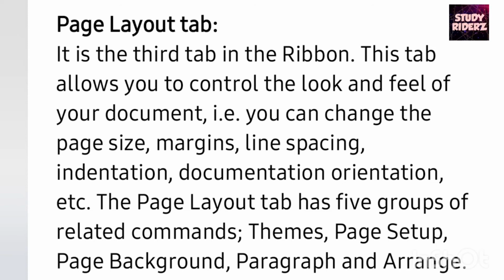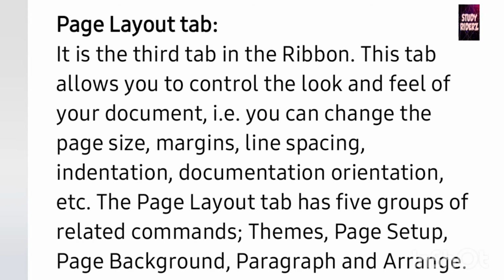This tab helps to control the look and feel of your document, because if you want to change the page size, or if you want to correct the margin, or if you need any space between the lines, you have to first select this page layout tab, because this page layout tab has the control to correct the pages.